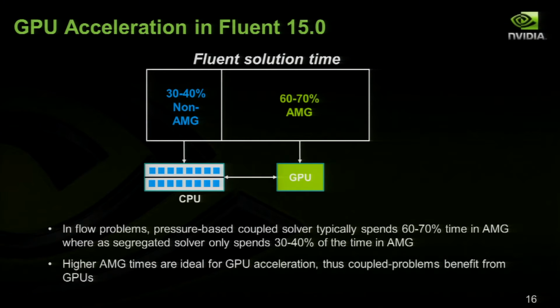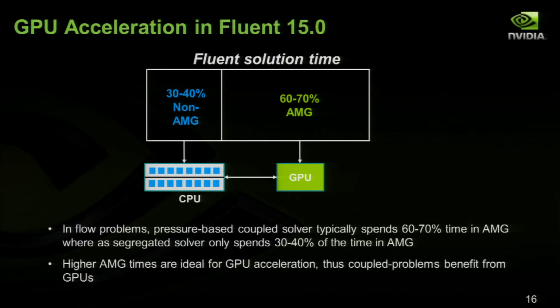So when you have a GPU, this AMG portion goes into the GPU, and then it communicates with the CPU for the rest of the code, and together it accelerates your application. Because the AMG portion is nearly 60 to 70%, you can get very good speedups in the coupled solver.